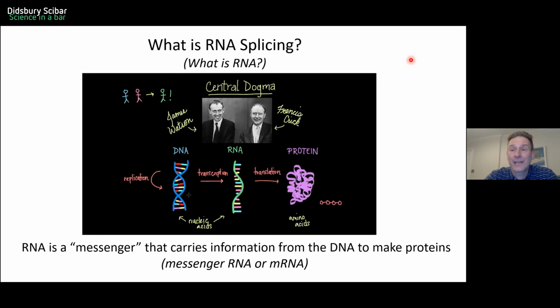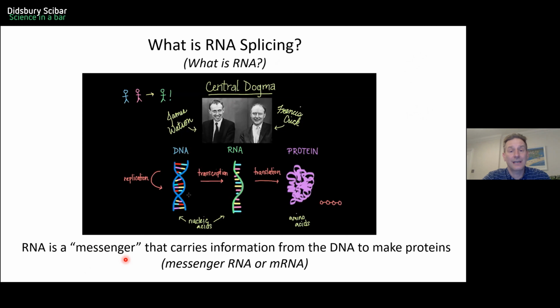Now, I guess to understand what splicing is, we need to understand what RNA is. And I'm not sure if everybody knows what RNA is, so I'll give a bit of background. At the basic level, RNA is a messenger. So RNA carries the information from the DNA to make proteins in a cell.